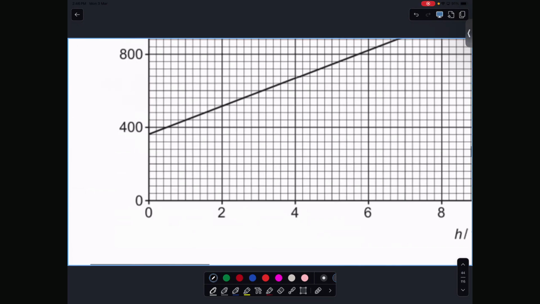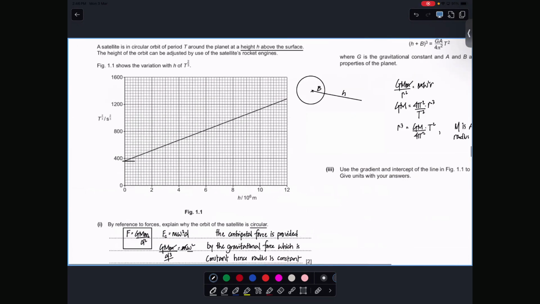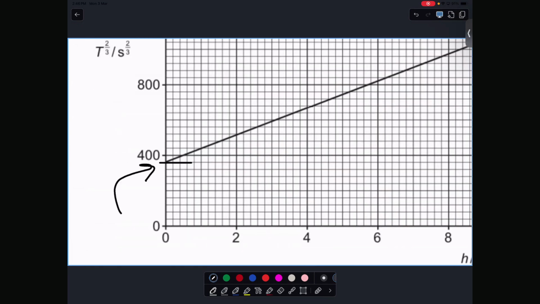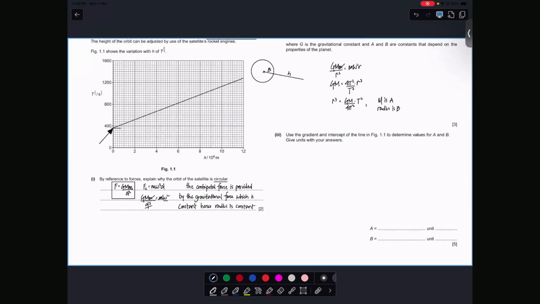So why would this be the radius? This is a time value. No, I think it is what the time should be at height 0. Yeah, this time is the time for the object at which location? Surface of the earth.